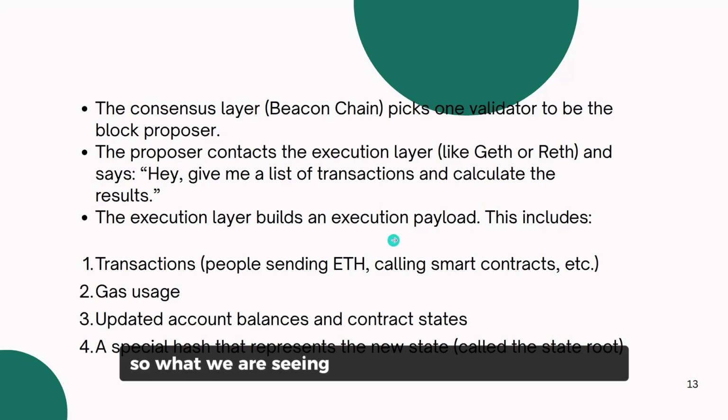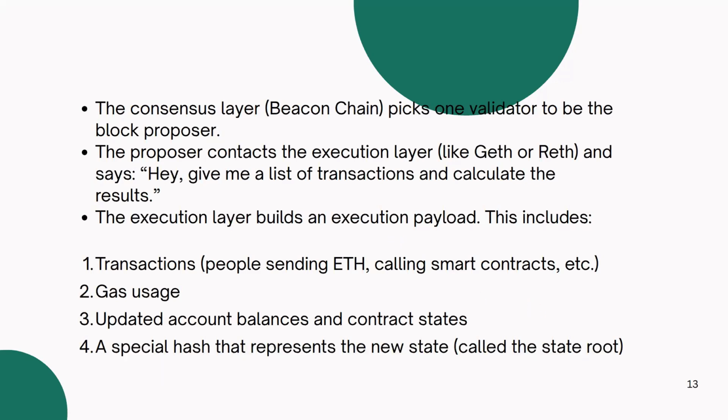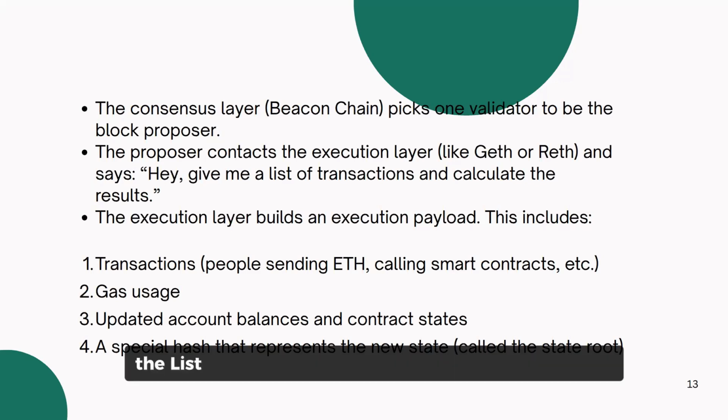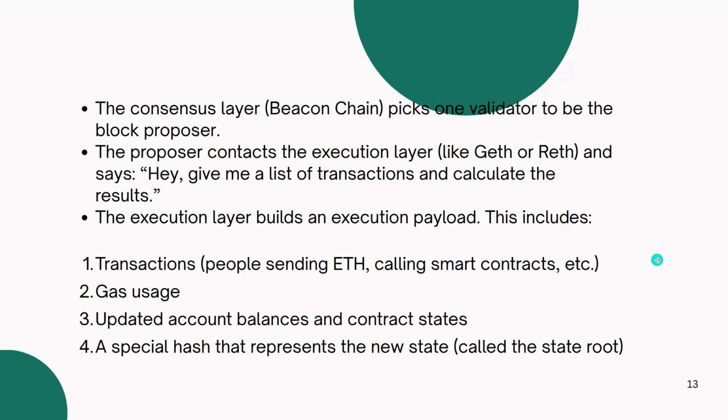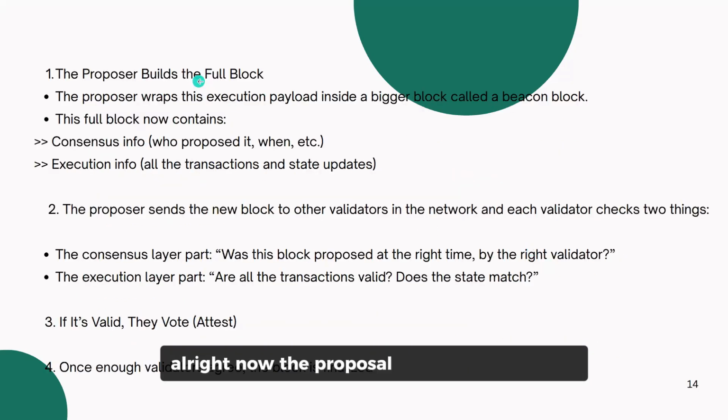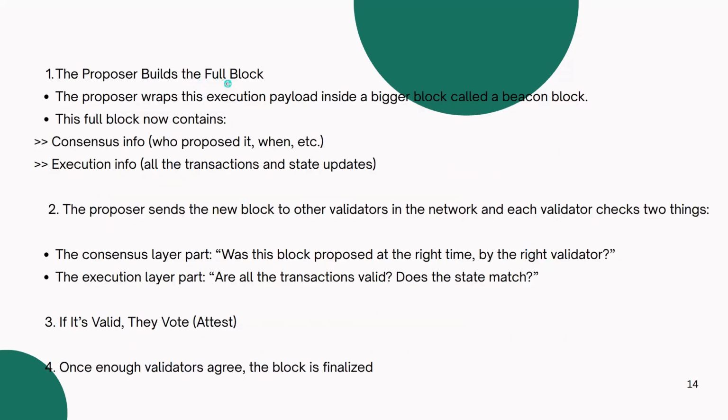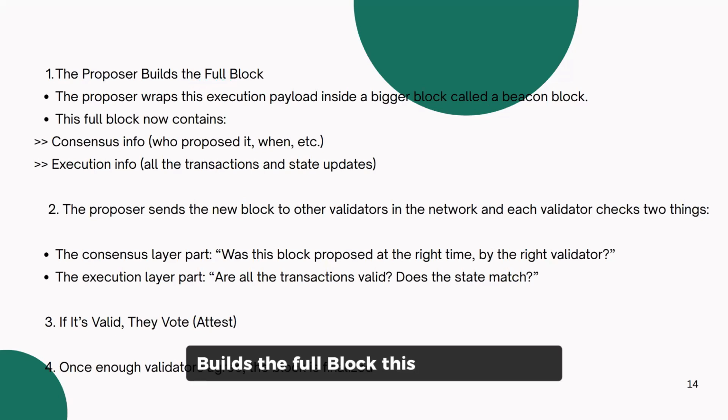So what we are seeing here is that the execution layer builds a list of the transactions into an execution payload and then presents it to the proposer. All right. Now the proposer builds the full block. The proposer wraps this execution payload inside a bigger block called a beacon block.